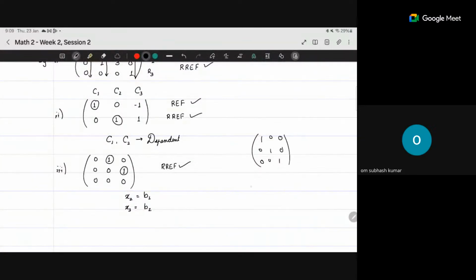You'll have x3 is equal to b3, x2 is equal to b2, and x1 is equal to b1. But a lower triangular or upper triangular matrix may or may not be. If the diagonal is 1 and it is upper triangular, then it will be REF, but unless it is identity, it will not be RREF.